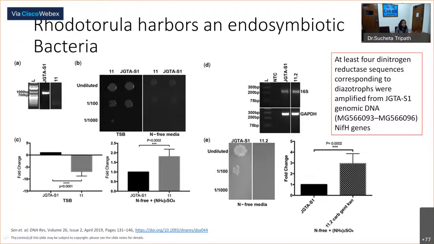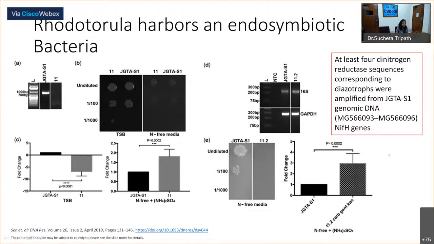We are thinking that probably Rhodotorula contains all these genes. And then when we went ahead and analyzed, we found that these genes did not originate in a higher plant, and that was again done by similarity search. And this led to the next question: whether there is a bacteria harboring inside Rhodotorula.